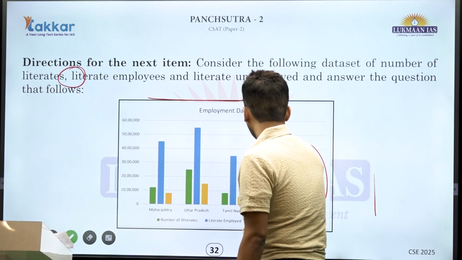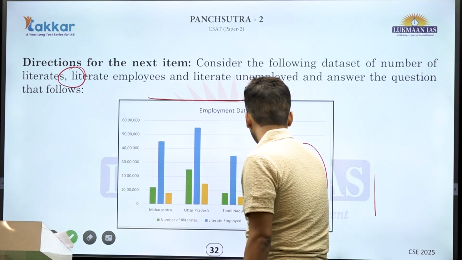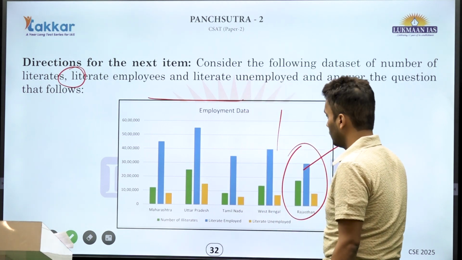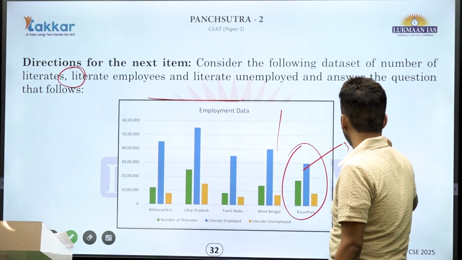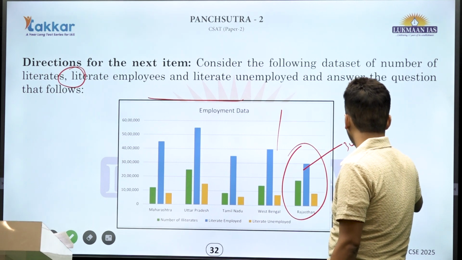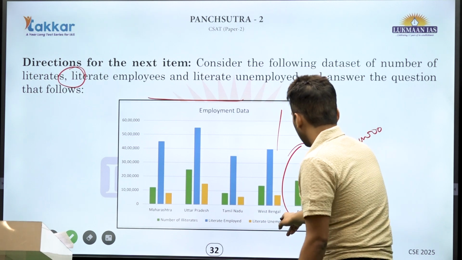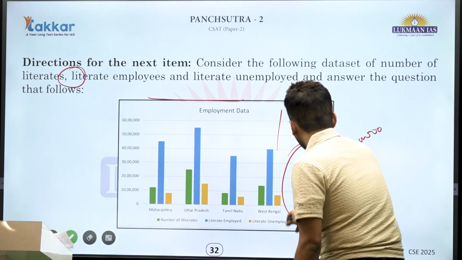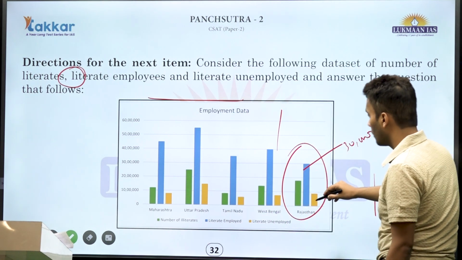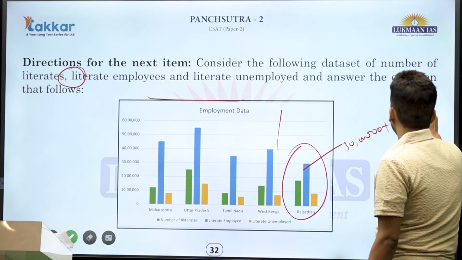Okay, so the total number of literate employed is 30 lakh. And literate unemployed is around 9 lakhs.